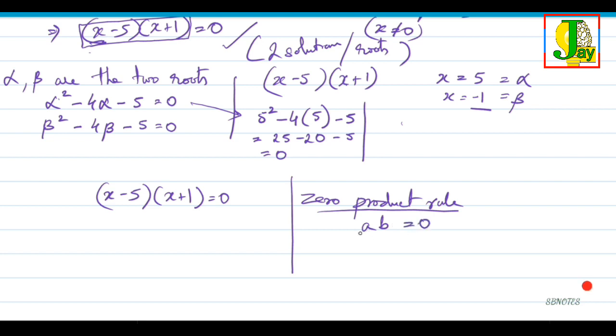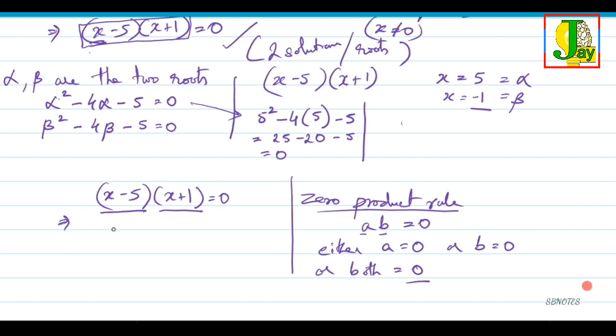That means either a equals 0 or b equals 0 or both equal 0. So we are applying the zero product rule here. That means this part has to be 0 or this part has to be 0.